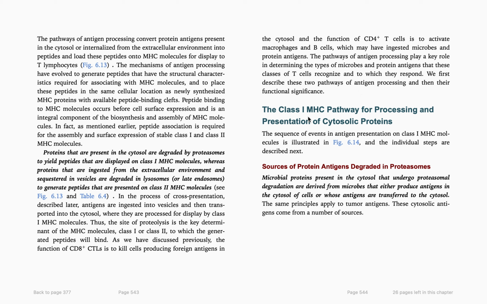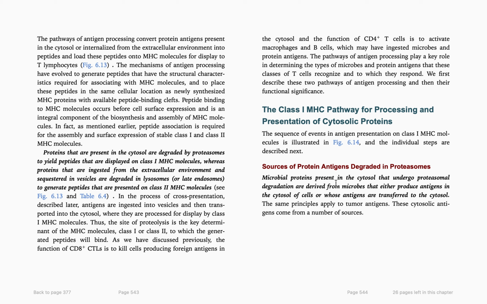Class 1 MHC pathway for processing and presentation of cytosolic proteins. The sequence of events in antigen presentation on class 1 MHC molecules is illustrated in figure 6.14, and the individual steps are described next.